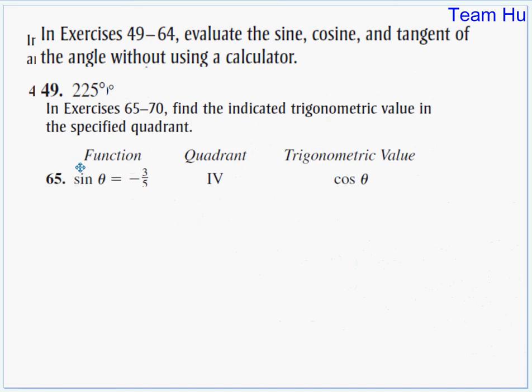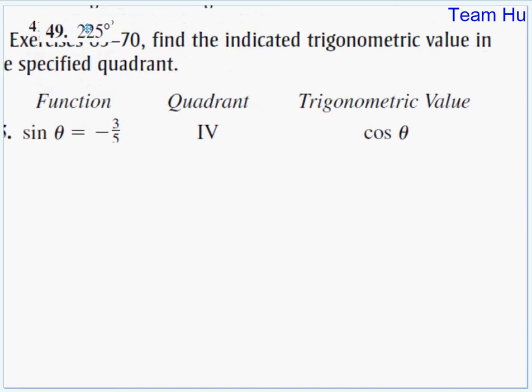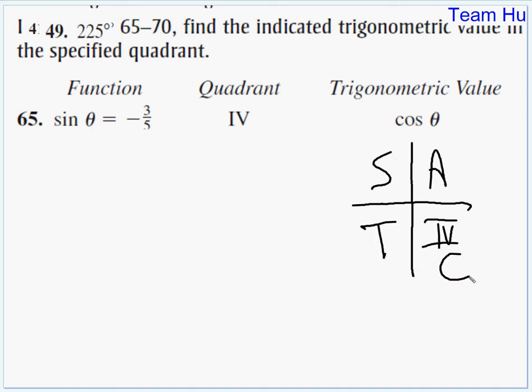Finally, what do we got here? They give us a function, and they tell us what quadrant we're in, and they want the trig value of this other one. So let's see. We're in quadrant 4. That would be here. All Students Take Calculus. The C stands for cosine. So when we solve this, our answer is going to be positive, just based on our quadrant.